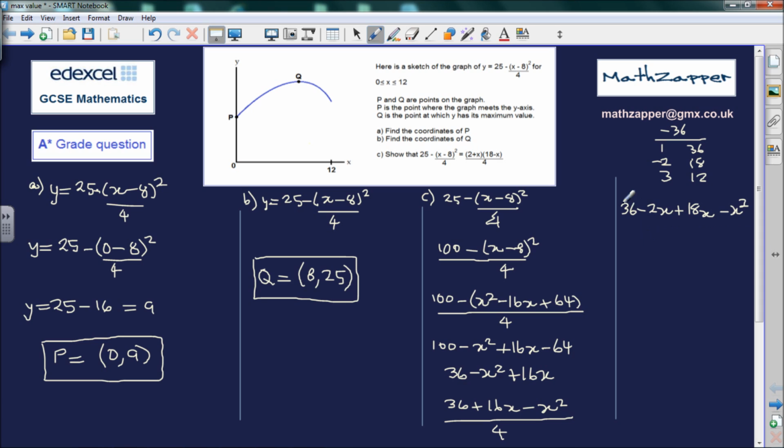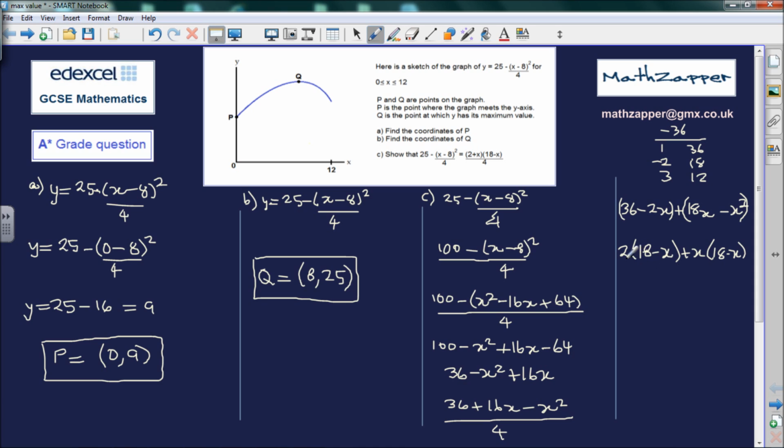So now what we can do is put some brackets around the first two and around the second two, leaving the plus in the middle separating them, and then we can simply factorize out. So we can take out 2 outside the brackets, leaving 18 minus x, and take out x in the second set of brackets, leaving 18 minus x.